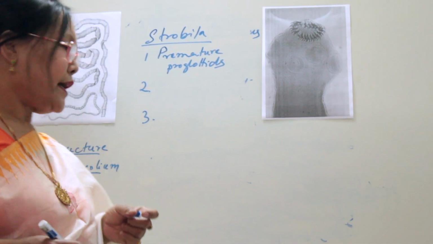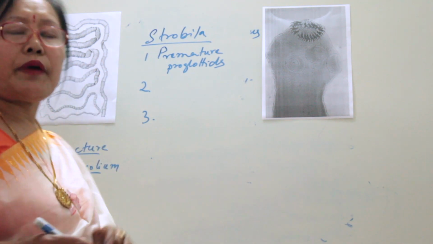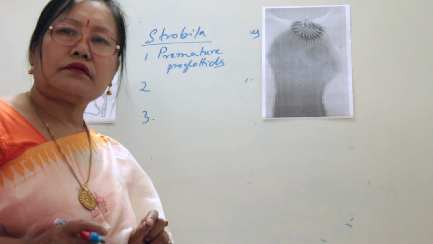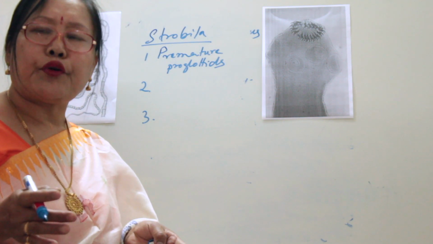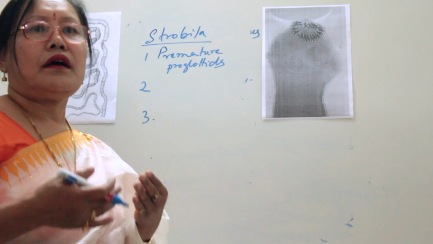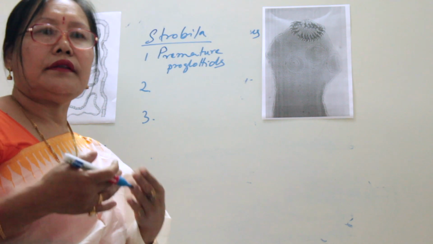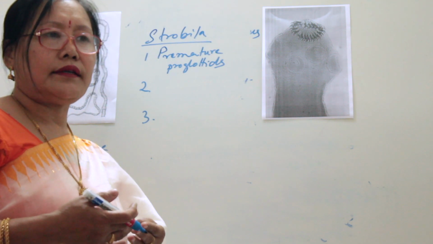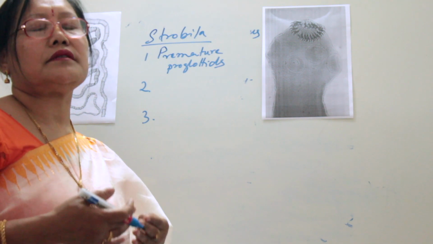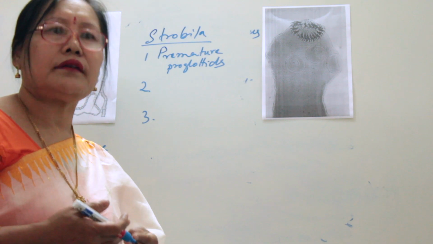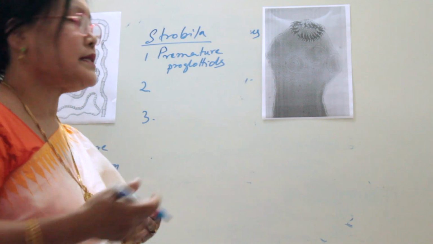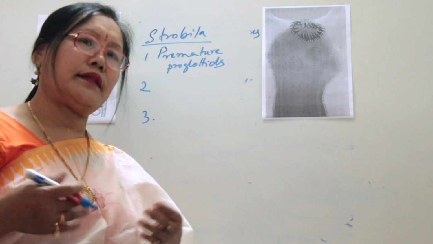I repeat that these segments are known as proglottids, and around 1 to 900 proglottids are present depending upon their age, in the young and in the adult. The number of segments differs at different stages, at different ages of this parasite.